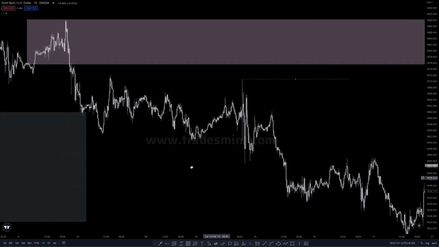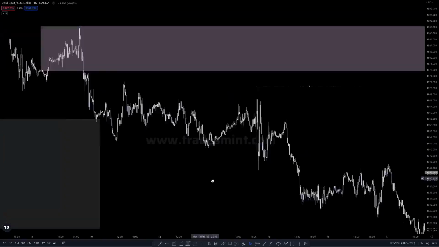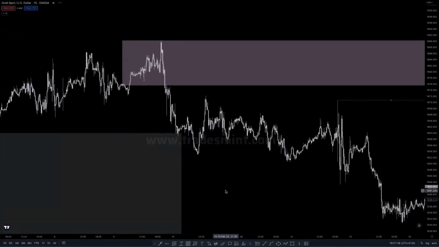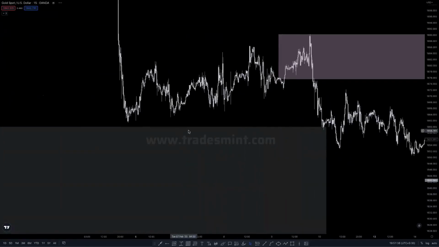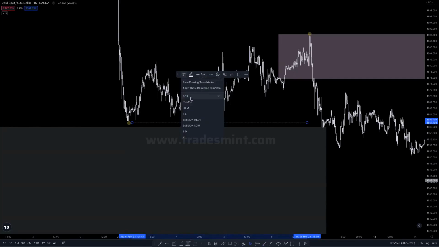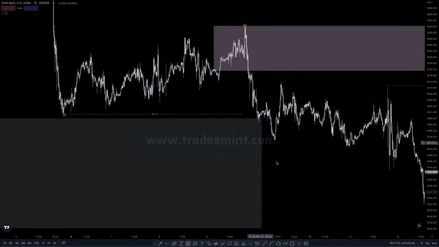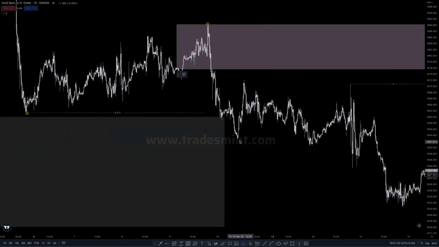Okay, so this is the overall structure in the 15-minute time frame, and right now what is happening here, and this was our last move here. Let's mark the structure, lower lows and lower highs, and the break of structure is here. After this break of structure, what happened here, price closed below it, created new lower lows and new lower highs, because the market took out the inducement at this point.